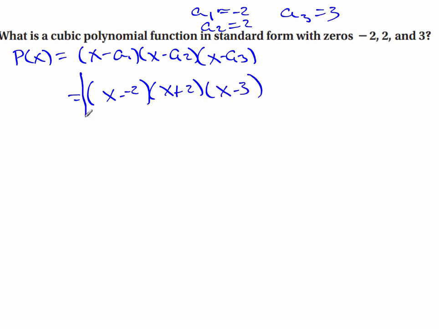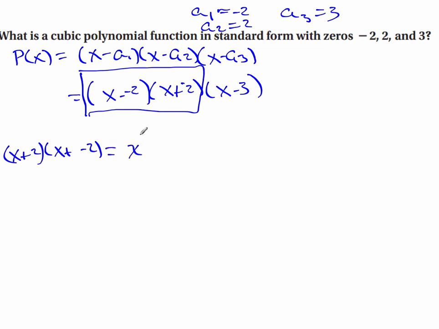Let me multiply these two together first, because what is this? X plus 2 times x. Oh, I dropped my negative. Plus a -2. Plus a -2, this is a difference of squares. So I'm going to get x squared minus 4. A lot of times on these, it's easier to just go do the area model.